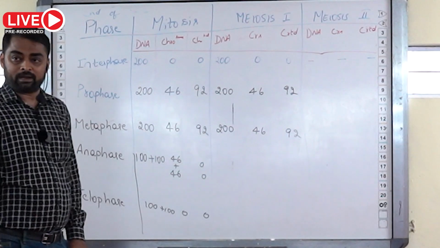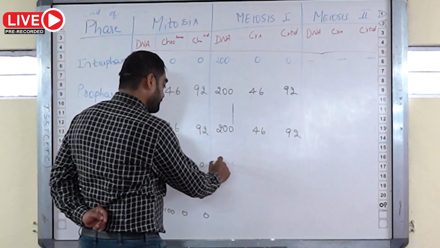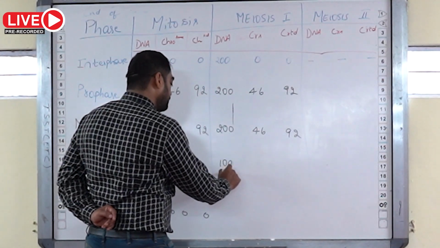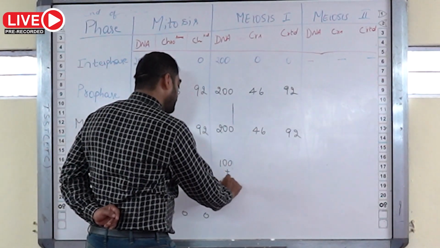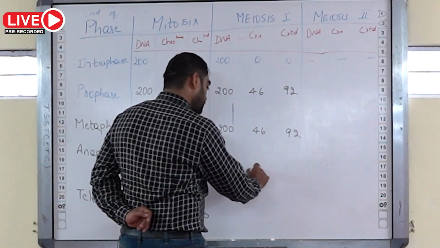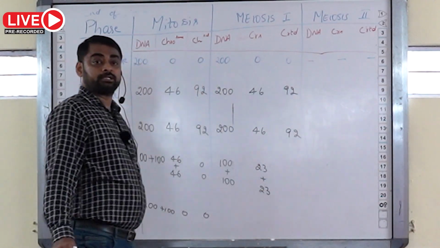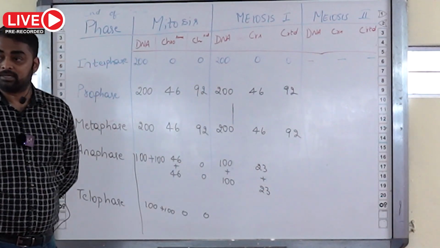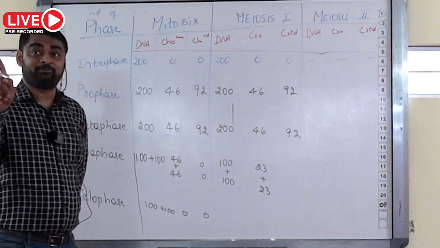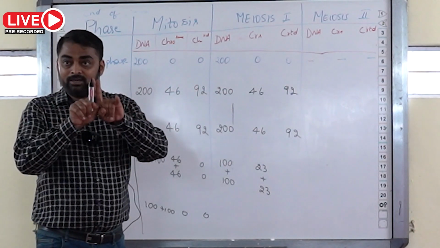Going same so far. At the end of telophase, DNA 100 plus 100, chromosomes 23 plus 23, chromatids 46 plus 46.